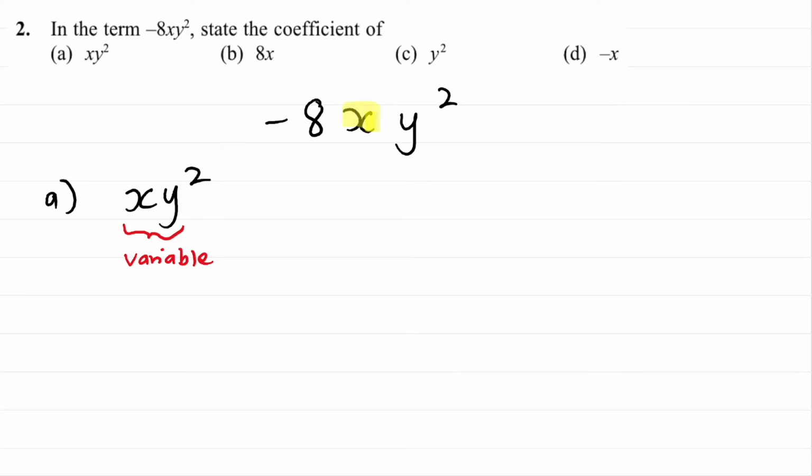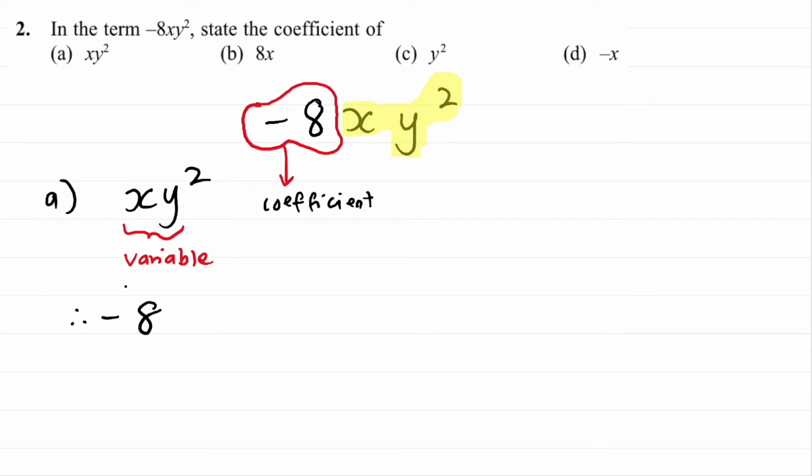Kat sini tu tak? So, apakah nombor yang tidak di-highlight? Ini dia kan. So, kalau variable yang tak di-highlight, itulah kita panggil dia sebagai koefisien. So, apakah koefisien untuk A? Jawapan dia adalah negatif 8.